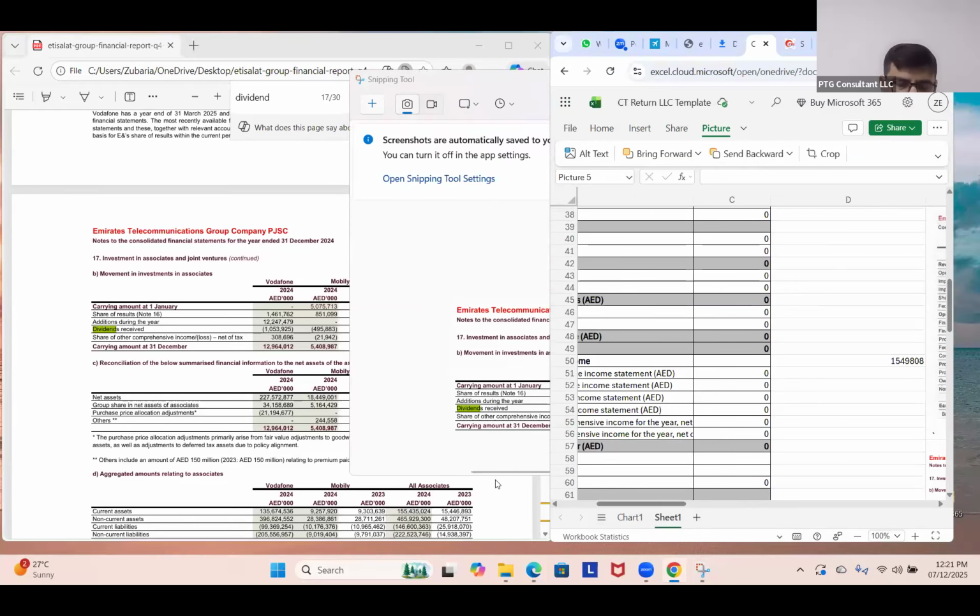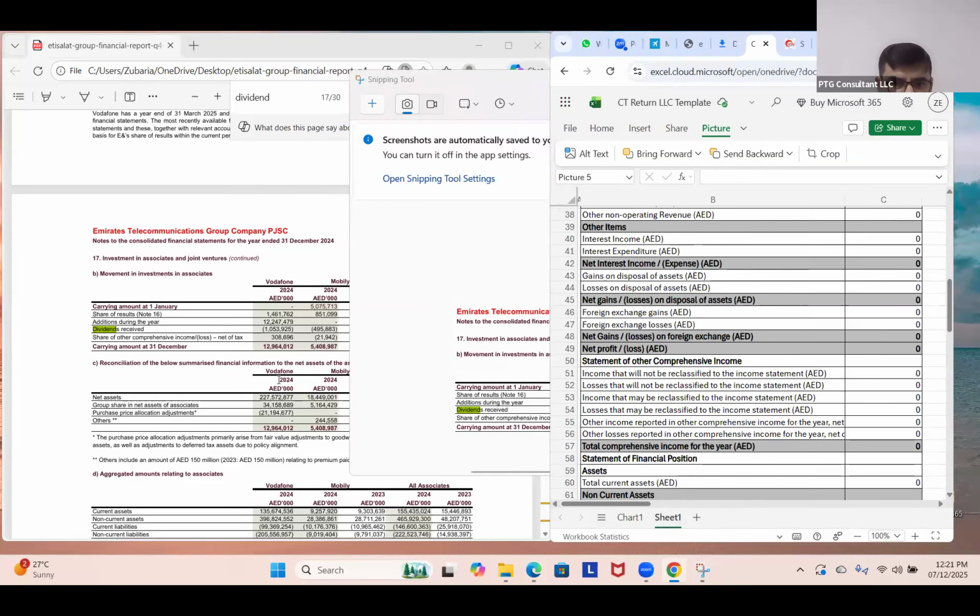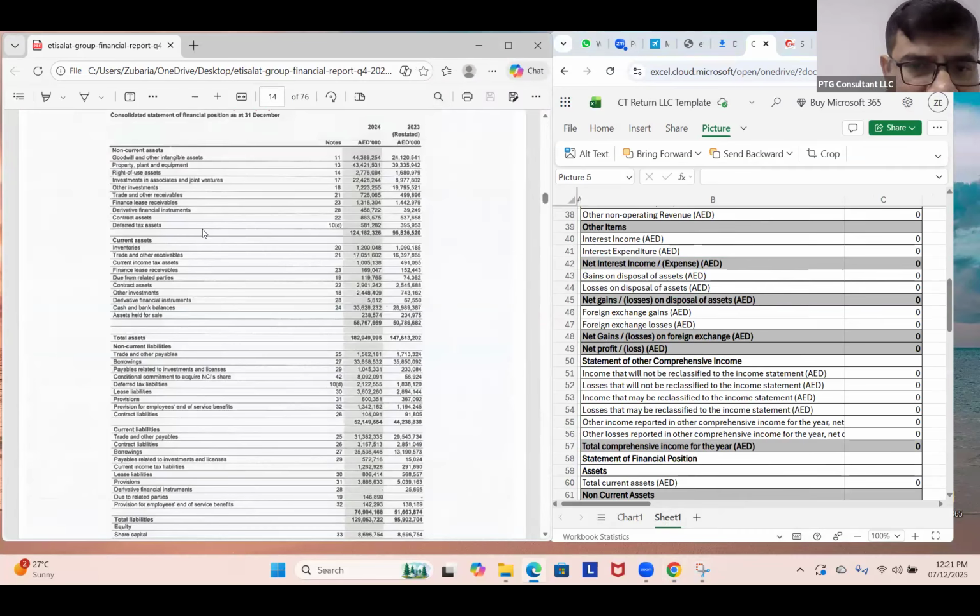Now, taking this figure from joint venture, please go back to the balance sheet, because here the increase and decrease in investment will more likely be highlighted. Let's see what the investment is. Same note number, I think 17, right?